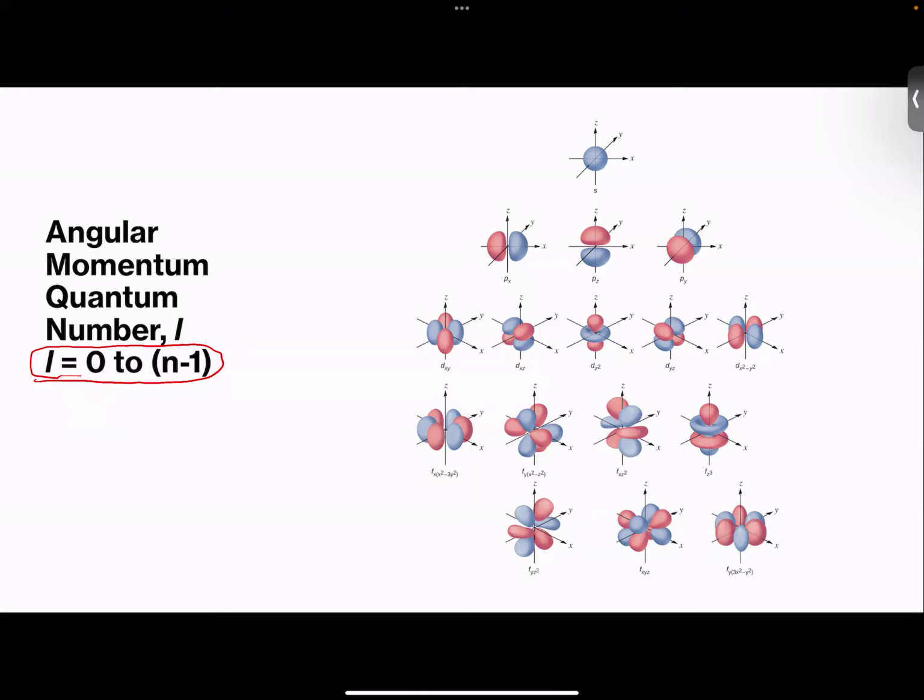So if n is equal to 1, that first shell away from the nucleus, then L can be anything from 0 to 1 minus 1, which equals 0. So in other words, L is equal to 0.